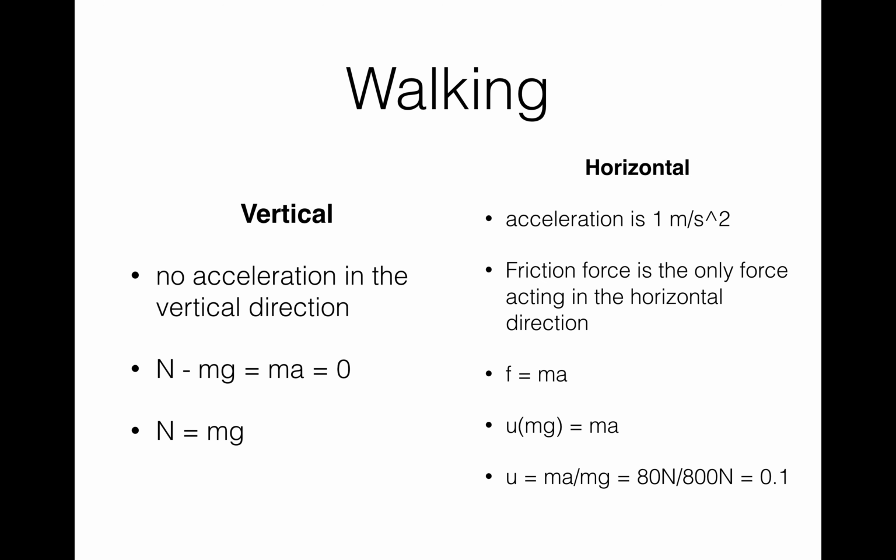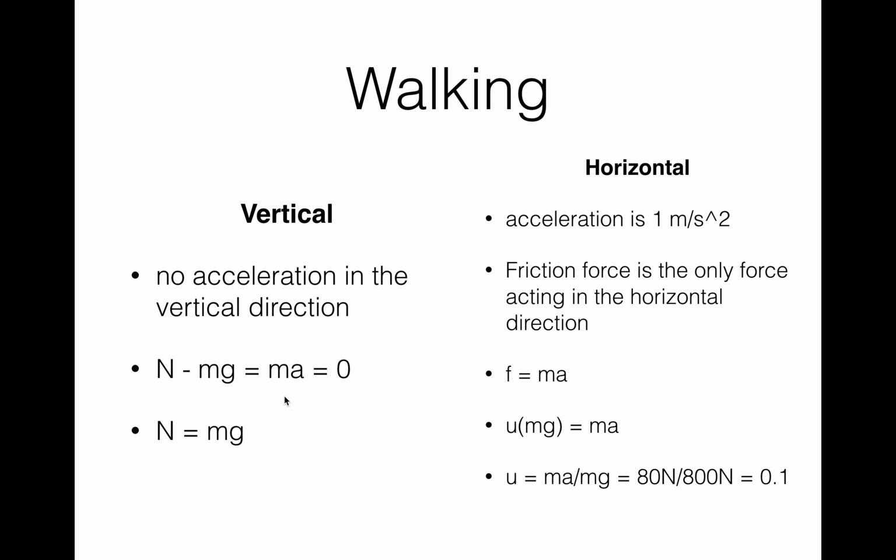So then, when you work it out, you work it out both in the horizontal direction and the vertical direction. In the vertical direction, you're not accelerating, so the normal force, the force that was F2 in the diagram, the force pushing up on my feet, is just your weight, because you're not accelerating in that direction. There's no other horizontal force other than the frictional force, which is represented here by small f, and that's equal to ma.